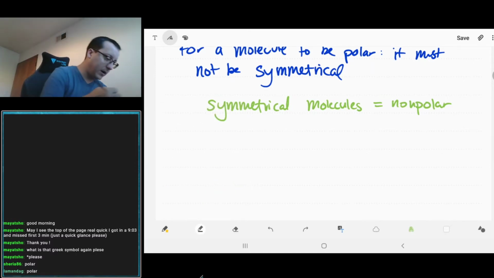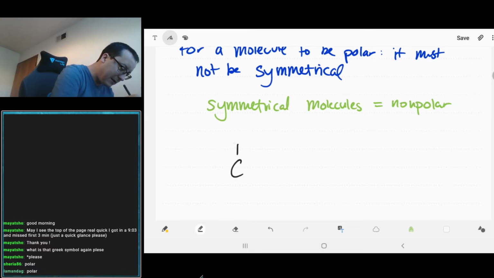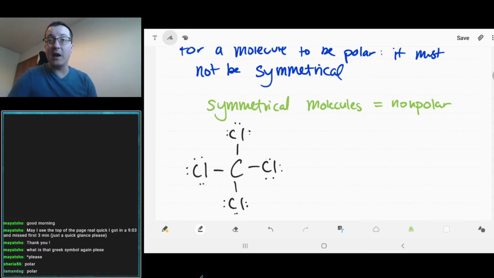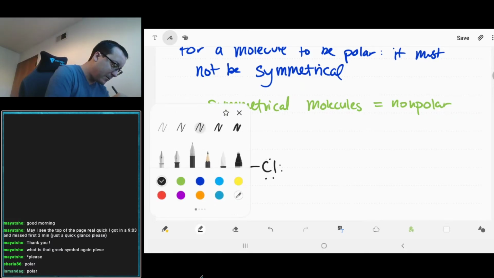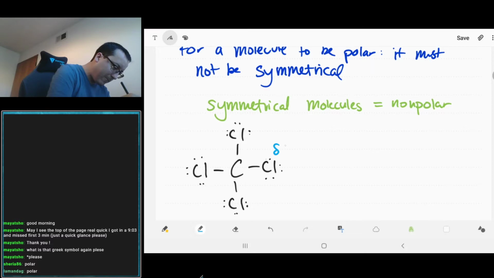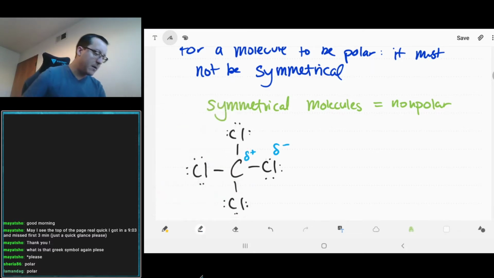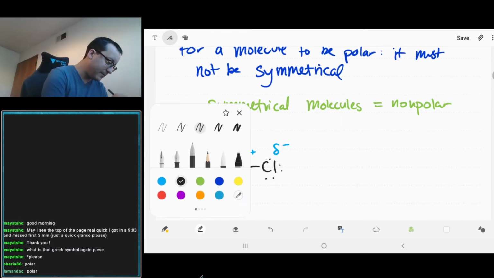And so we can go ahead and expand this further. We had carbon tetrachloride we did earlier. We found that, again, we had a polar bond between carbon and chlorine, for sure. But if we look at this molecule, again, it's symmetrical, right?